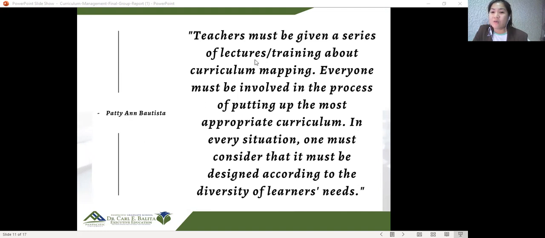So that is curriculum. Everyone must be involved in the process of putting up the most appropriate curriculum. Not only the higher offices; maybe we need to follow their standards, but it is up to us. One must consider that it must be designed according to the diversity of learners' needs.